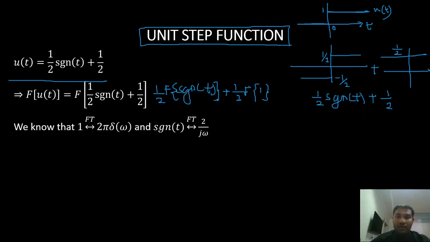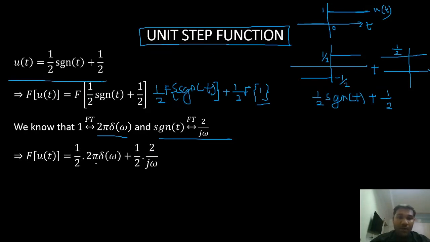For signum of t, the Fourier transform is 2 by j omega. For 1, the Fourier transform is 2 pi del of omega. So I'll substitute those here. I'll get 1 by 2 into 2 pi del of omega plus 1 by 2 into 2 by j omega. The 2 gets cancelled here and here. So I'm left with pi del of omega plus 1 by j omega.